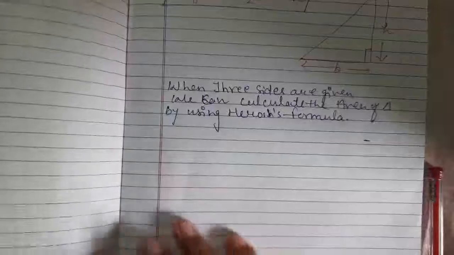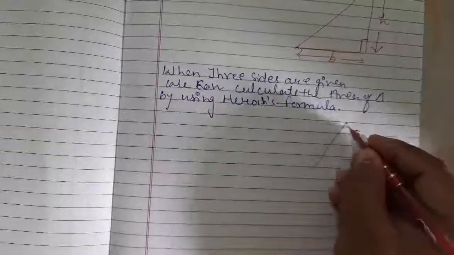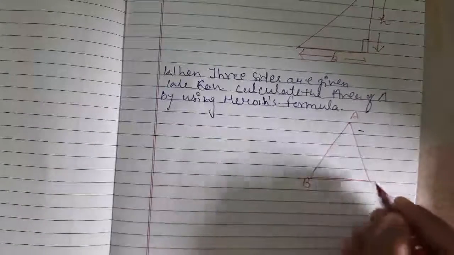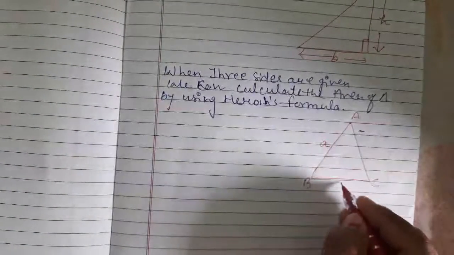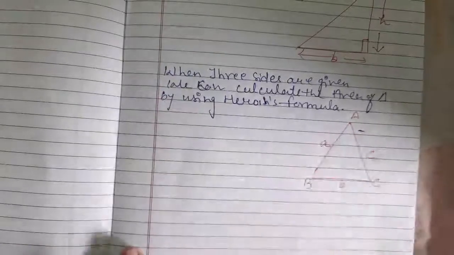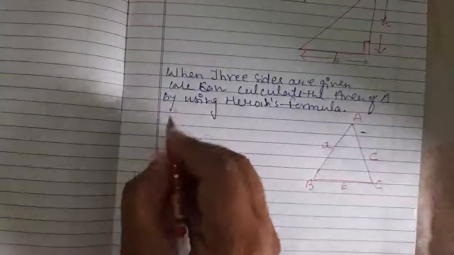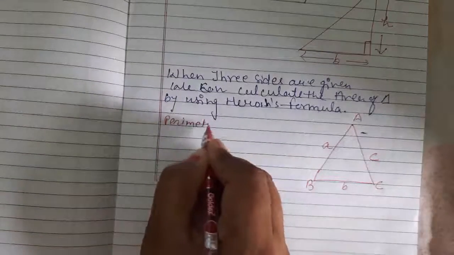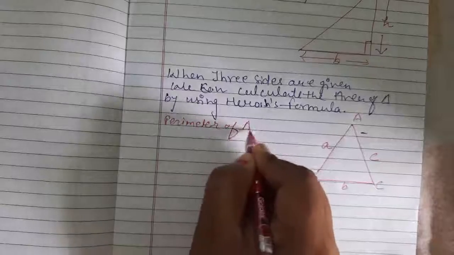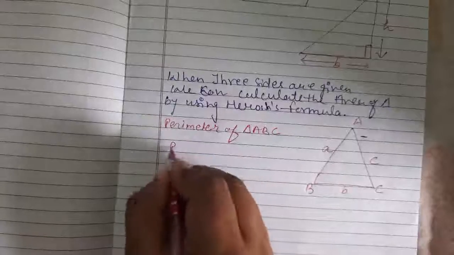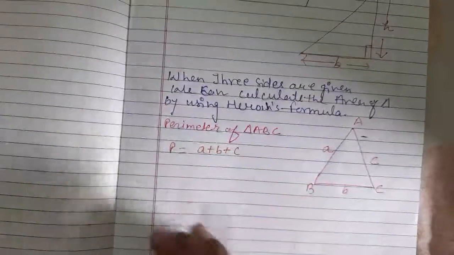So suppose we have a triangle ABC, and its three sides are a, b and c like this. We know how we can calculate the perimeter of this triangle. The perimeter of triangle ABC, we know, is a plus b plus c, the sum of all sides.